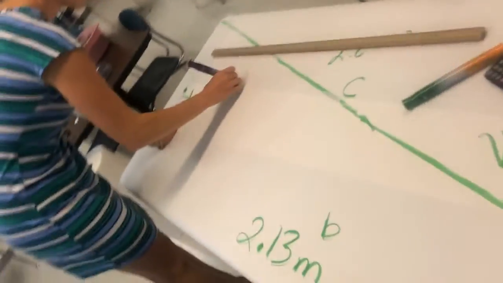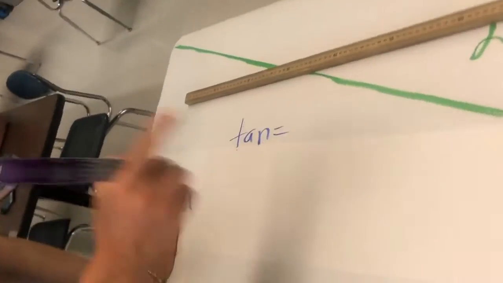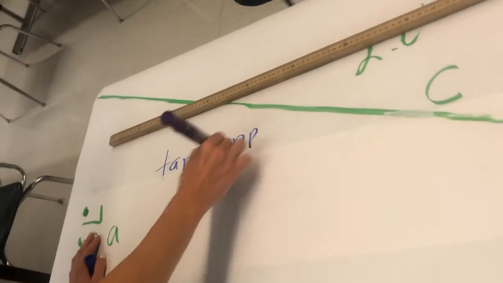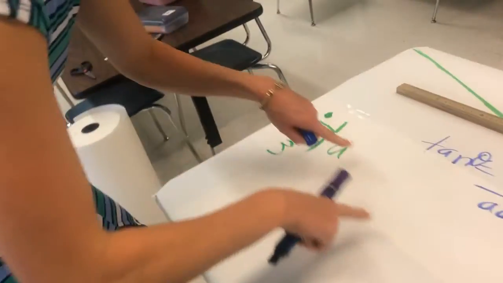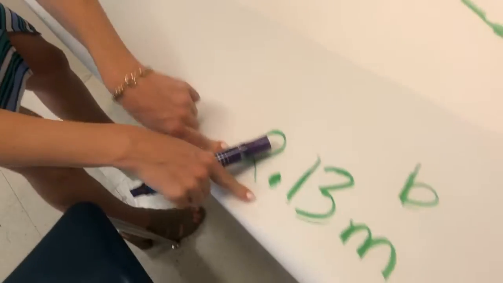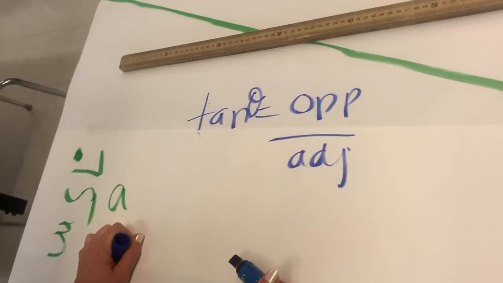Okay. So we know that the tangent equals the opposite over the adjacent, right? Yep. So if this is the angle theta, the opposite is that one over there. But we don't want the tangent of the angle. We want the angle.